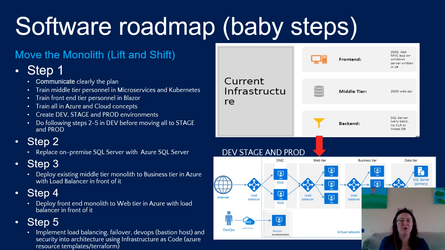Making sure that code is stored in GitHub or in some sort of code repository in Azure DevOps in the repos and so on, just to make sure that the infrastructure as code is kept in sync with the code for the development. Okay, so that's the first 5 steps. That's the first 5 baby steps. Basically, those 5 steps have got you to the point where the whole monolith exists in Azure.